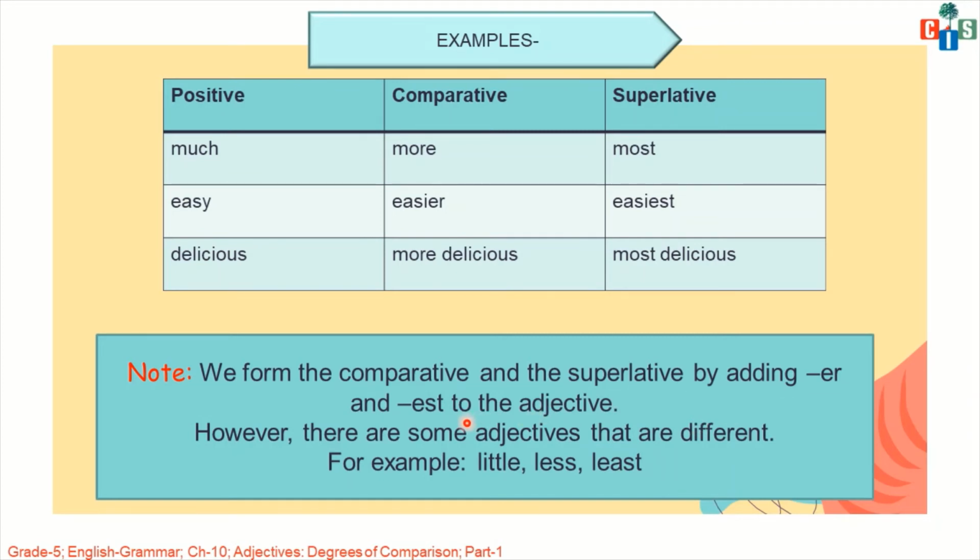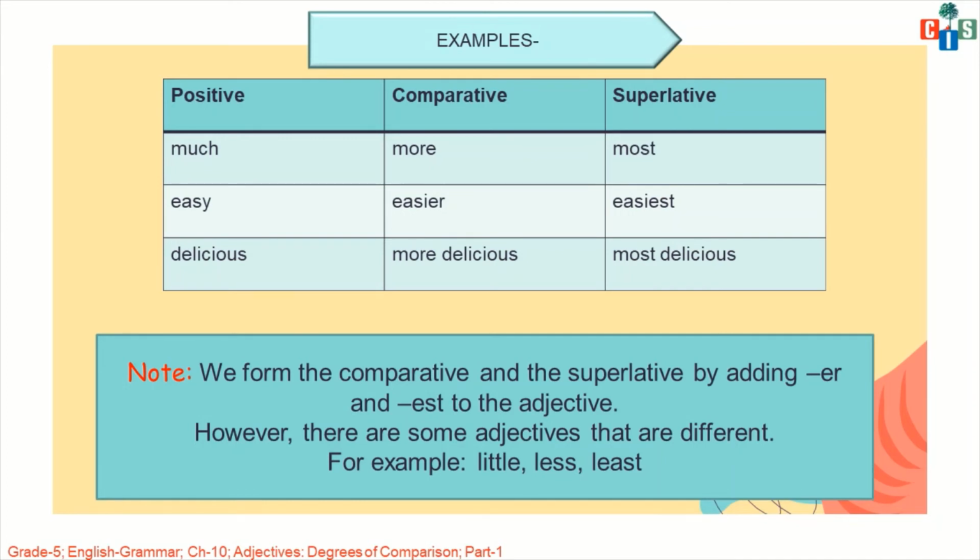We have to change the word totally. For example, little, little word is in positive degree of comparison. When we will go to comparative degree of comparison, this word will totally change and it will be less. When we will go to superlative degree of comparison, it will be least. Okay, so here this word is changing its form in 3 degrees of comparison.